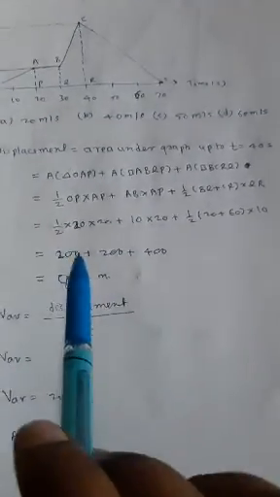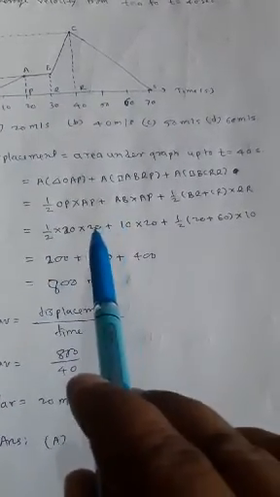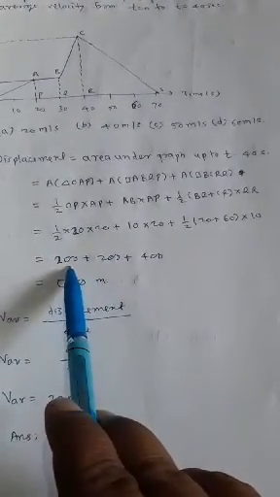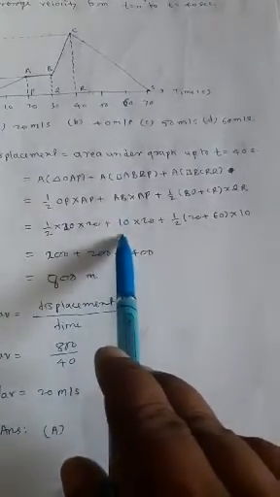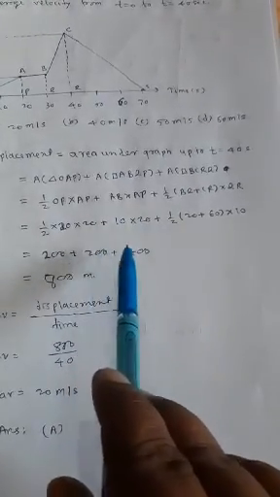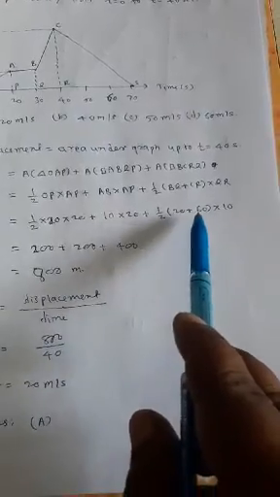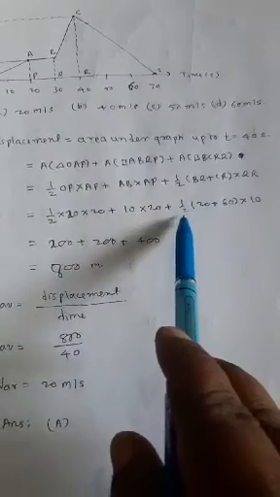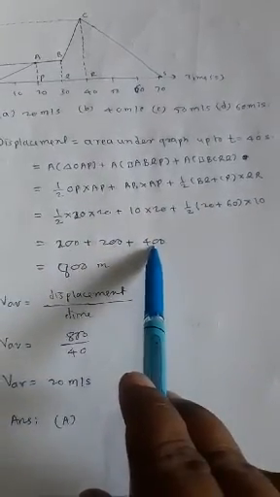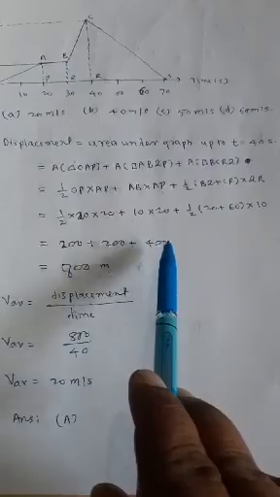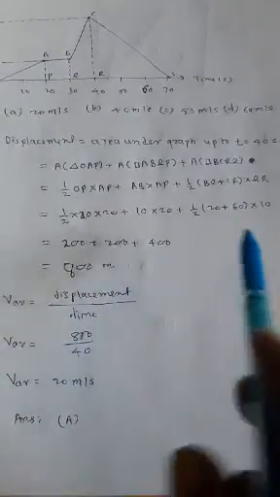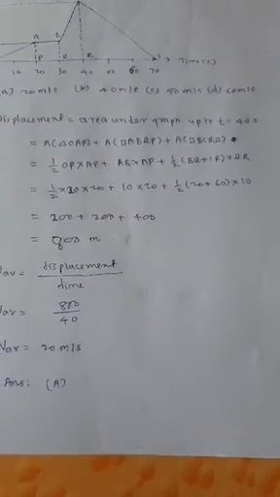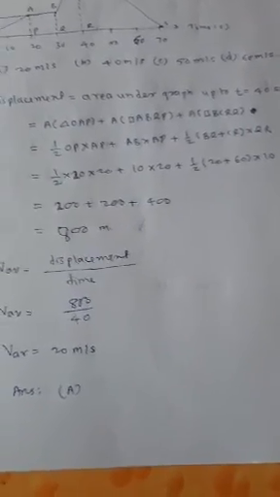Now simplify it. 20 into 20 divided by 2 is equal to 200, plus 10 into 20 again 200, plus 20 plus 60 is 80. 80 into 10, 800. 800 divided by 2 is equal to 400. 200 plus 200 plus 400 means 800 meter. This is the distance covered in 40 seconds, means the displacement in 40 seconds is 800 meter.